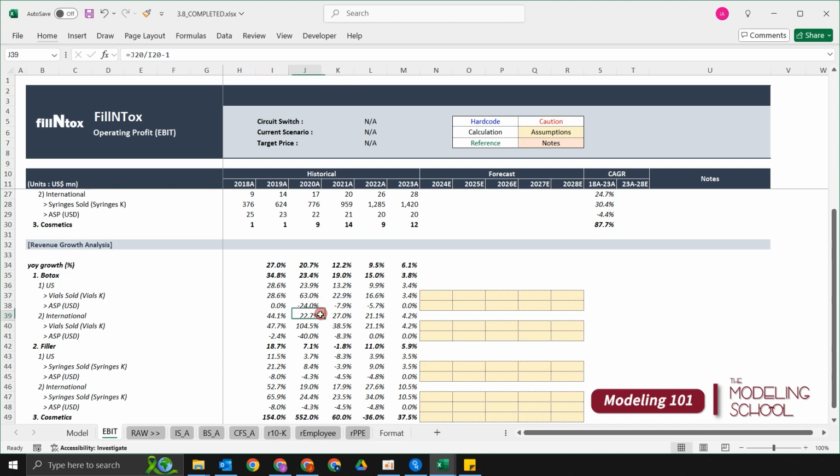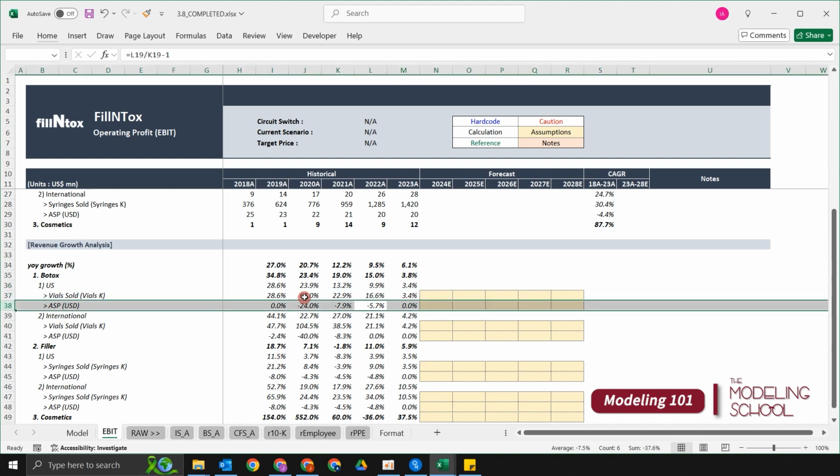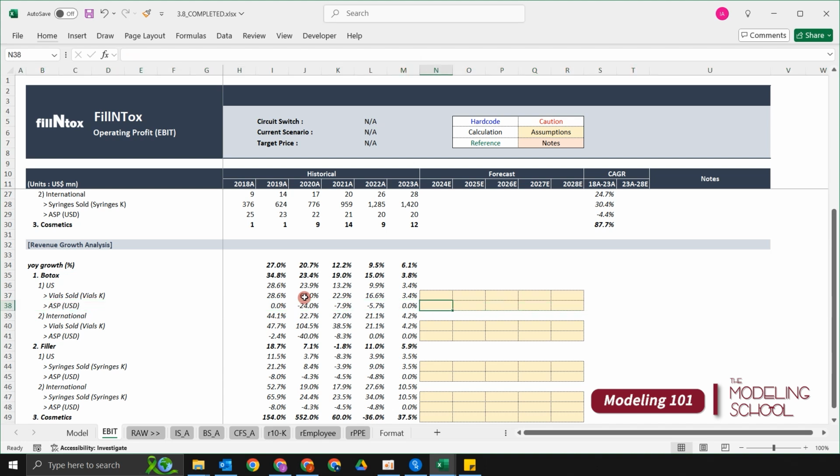So the starting point was the price that triggered the quantities demand. So even for our forecast, quantity is going to be dependent on the price. So that's why we have to do price first.